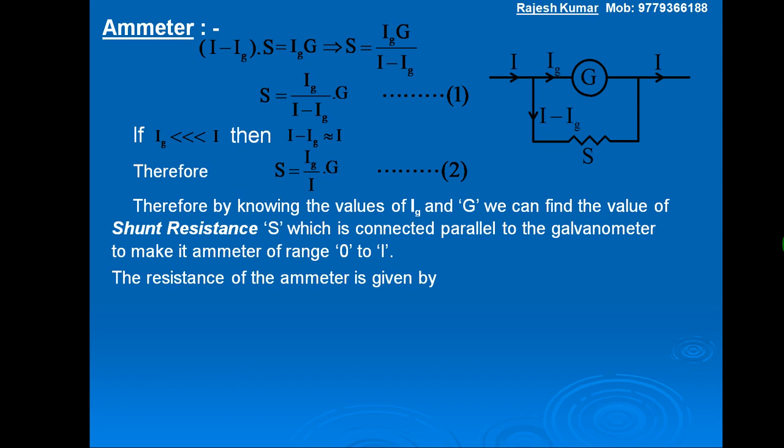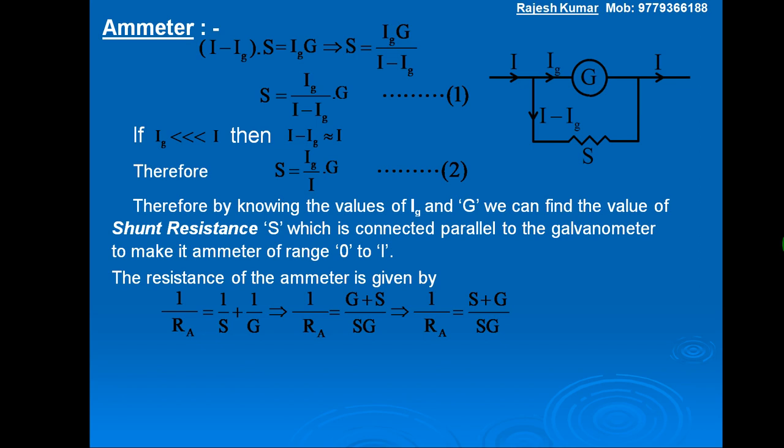The resistance of the ammeter is given by, as S is connected parallel to galvanometer, therefore 1 upon Ra, the resistance of ammeter, is equal to 1 upon S plus 1 upon G. This implies 1 upon Ra is equal to, taking LCM S into G on the right hand side, numerator becomes G plus S, so 1 upon Ra is equal to (S plus G) upon SG.